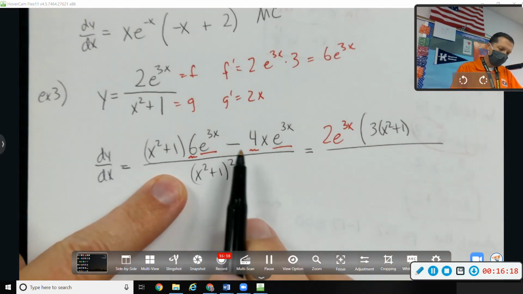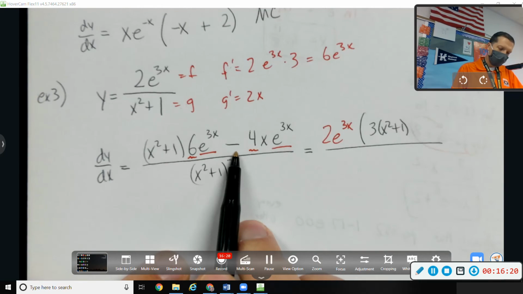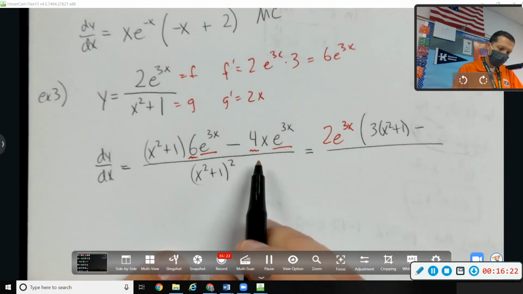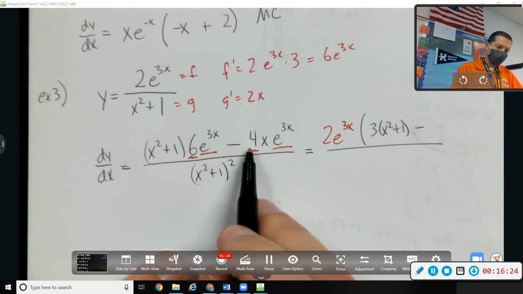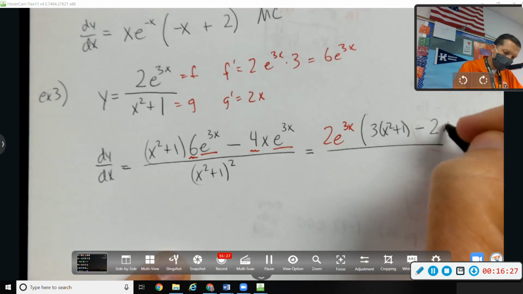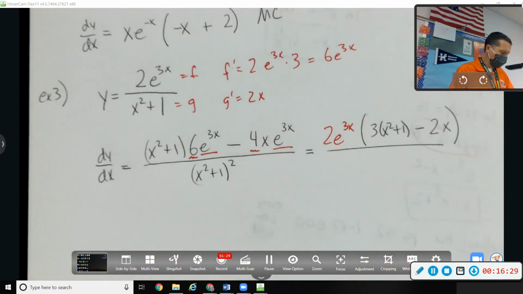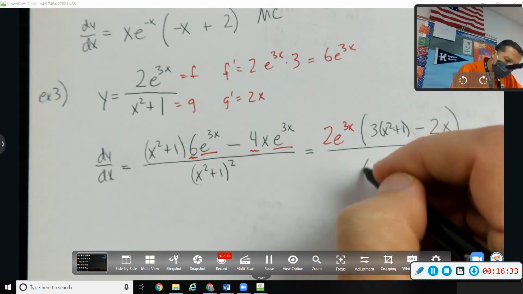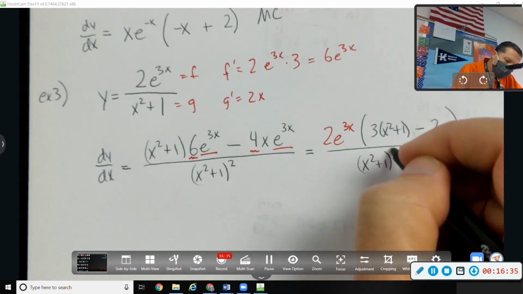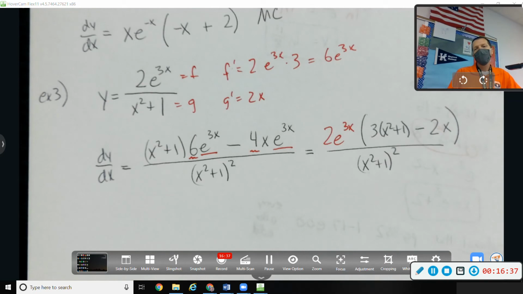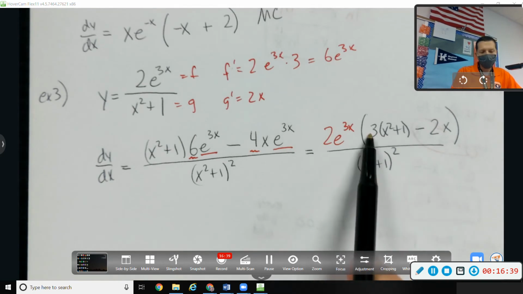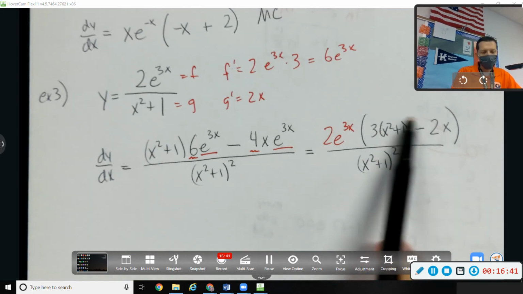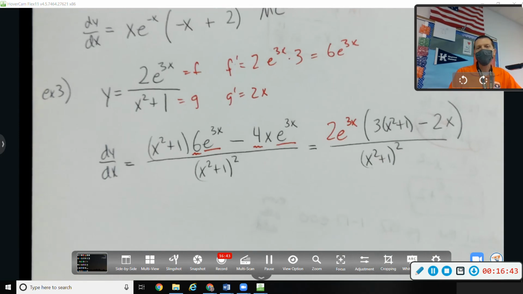And on the second one, the minus sign is still there, we took out e to the 3x, divide the 4 by 2, and there's still an x there. So something like that over x squared plus 1 squared. And my guess is CalcChat would probably distribute the 3, but that's close enough. You'd make it from there.